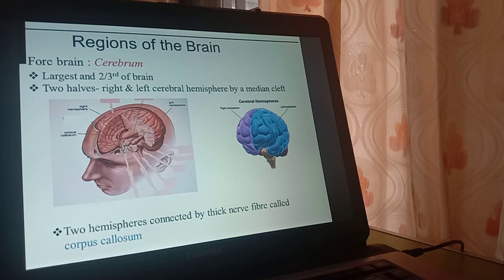The two hemispheres are connected by means of the corpus callosum. So you can see over here, this is the right hemisphere, this is the left hemisphere, and I have the corpus callosum which connects these two hemispheres. Do you get it? Okay, and it's a thick nerve fiber.